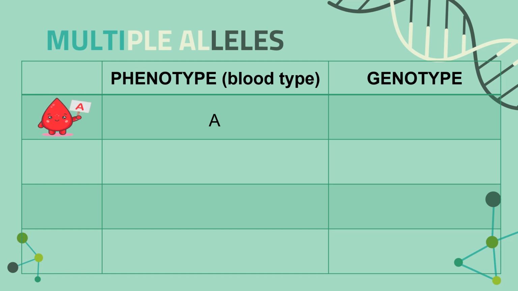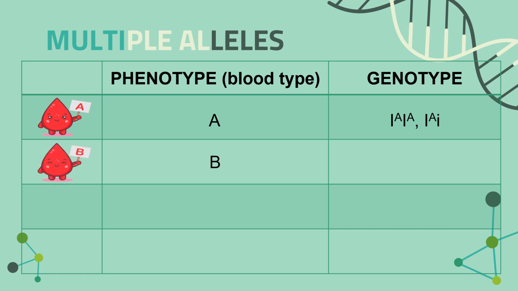Since I^A is dominant over lowercase i, the possible genotypes are the following: I^A I^A and I^A i. As long as I^A is present, it will mask the recessive allele i.